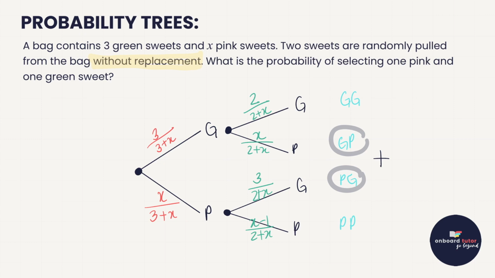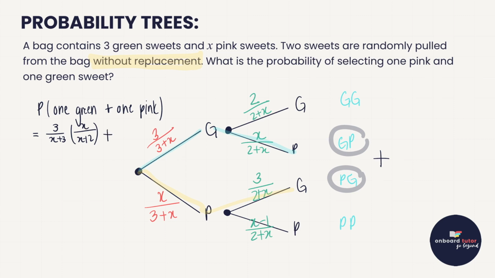Okay, so I'm going to follow my first batch of branches that satisfies, and I'm going to say, okay, well, the probability of 1 green and 1 pink is equal to, and we're going to say this is 3 over x plus 3, or 3 plus x, and then multiplied by x over x plus 2.